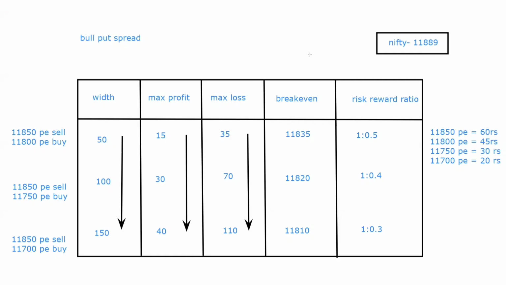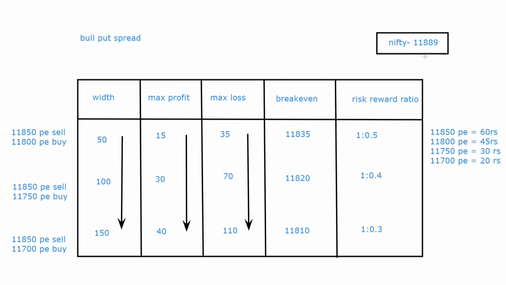But in a credit spread, we have to also look at the break evens, right? So over here, in the first point, that is the 50 point width, the break even is 11,835, right? So if the market stays above 11,835, that is, if it does not fall approximately 55 points or more, then you would be in profits, right?